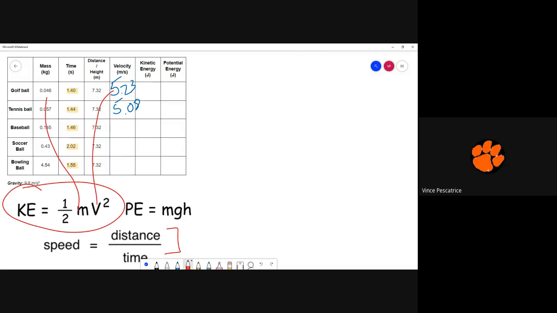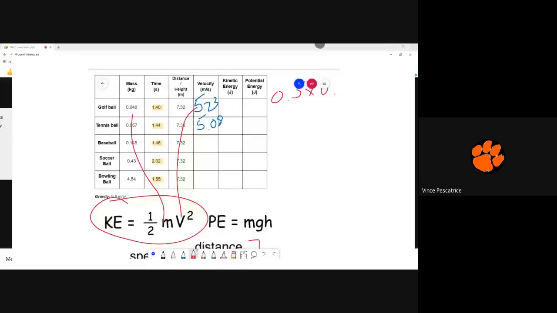On a calculator, 1/2 is 0.5, times 0.046, times, and then you put in your speed, and make sure it's squared.